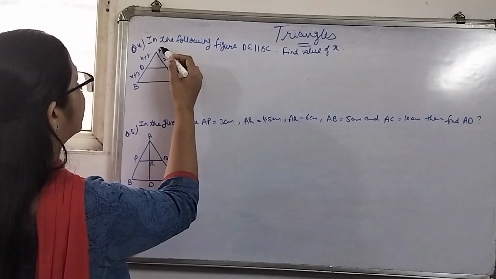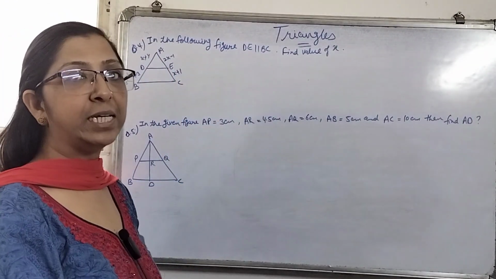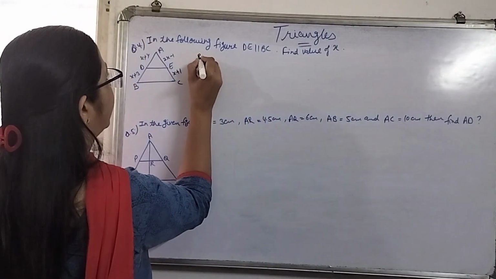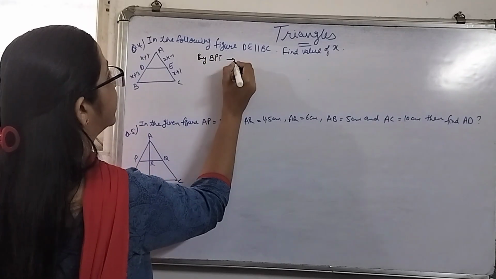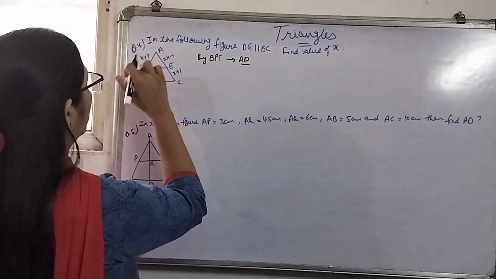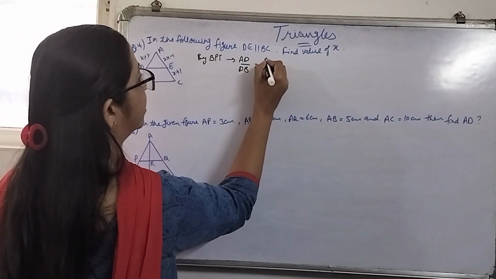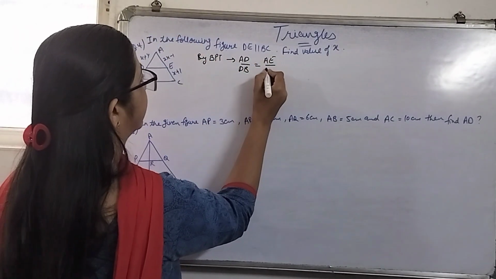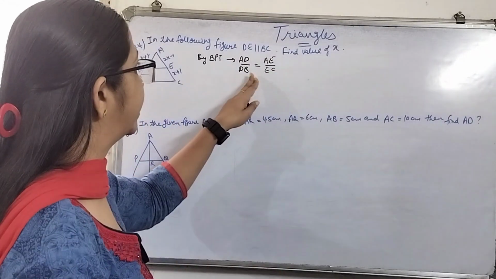That simply means the ratio of AD over DB will be equivalent to AE over EC. By the basic proportionality theorem, we can say that.